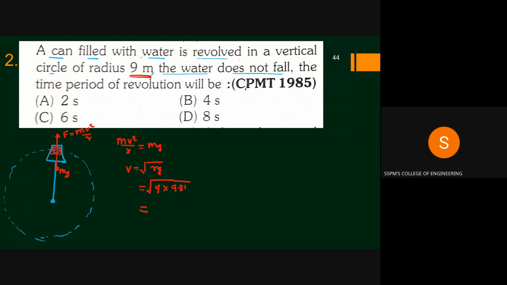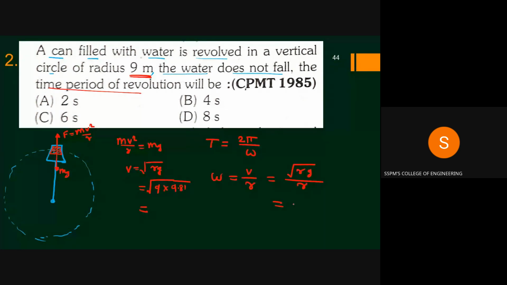Sorry, the question is for the time period. So what is the time period of the revolution? So this is v. The time period of the revolution, we have to find out the t. So this will be 2 pi divided by omega. To calculate omega, omega is equal to v upon r. We have got v, which is square root rg divided by r.